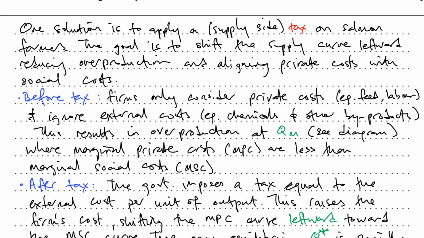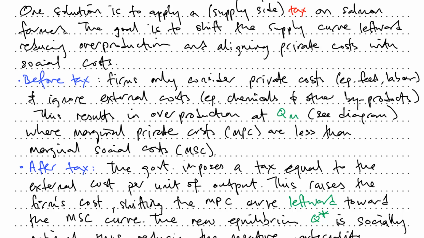So before tax, firms only consider private costs, for example, feed and labor and all that sort of stuff, and ignore external costs, for example, chemicals and other byproducts. This results in overproduction at QM, see the diagram, where marginal private costs, MPC, are less than marginal social costs, MSC.